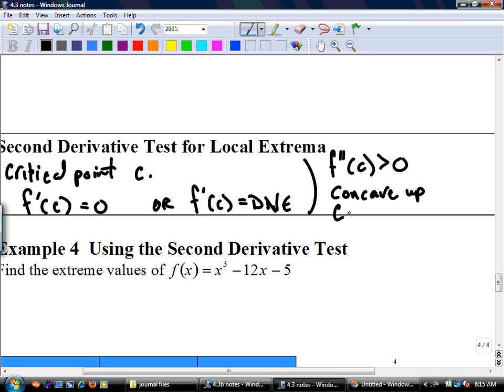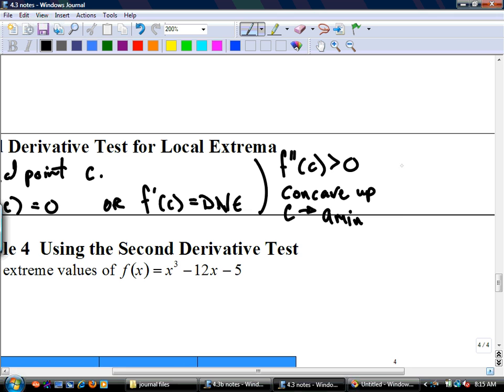What does C have to be? If you're concave up there, kids, C must be a min. And the converse, f double prime of C is less than 0. You're concave down there, which means C must be the other way.